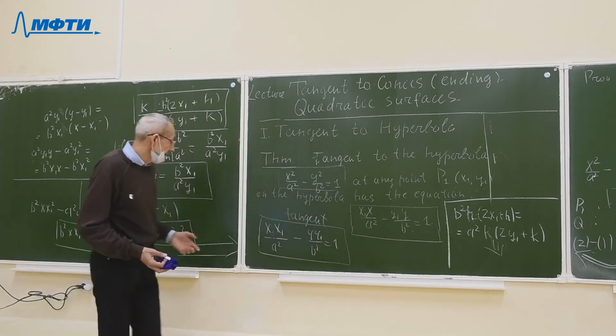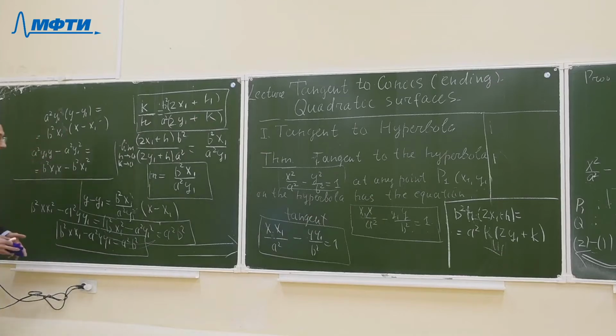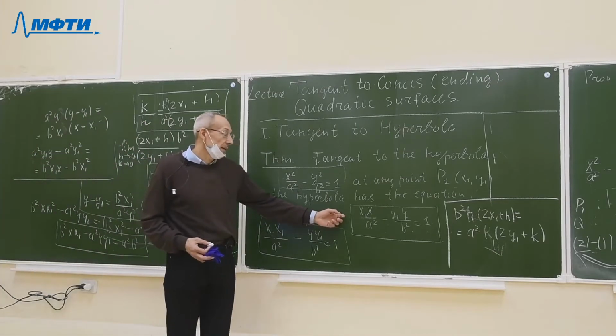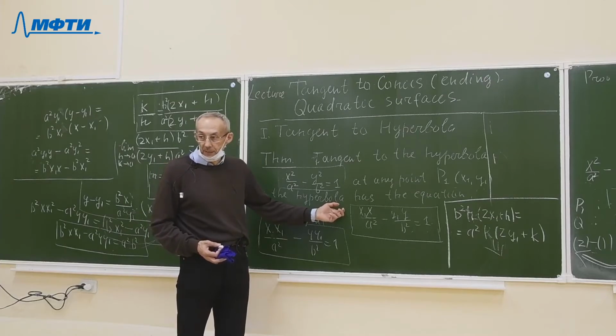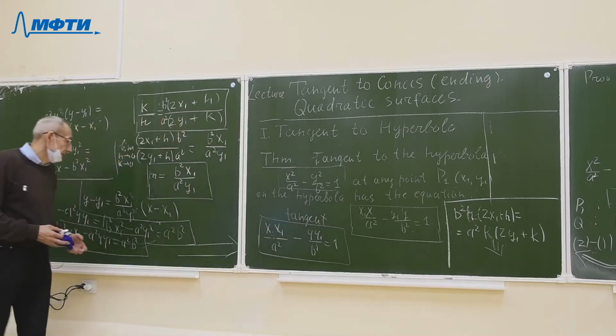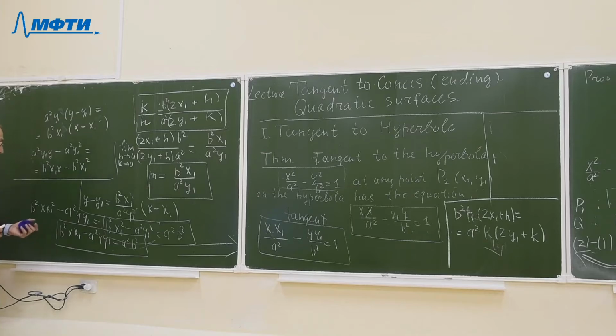And this formula is our goal. We try to obtain this formula. And when we obtain this formula, we obtain this equality, left side and right side. And the right side is fixed. This is a number. The left side is the equation.